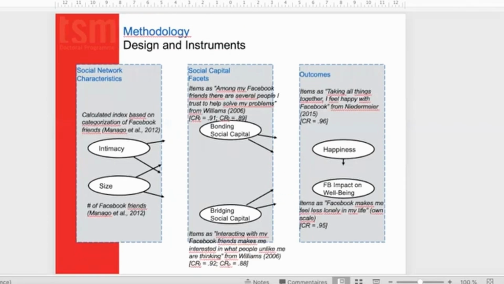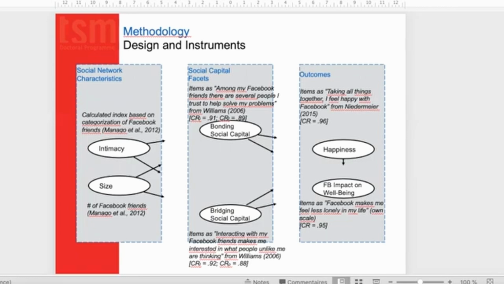To study that, we did an investigation with a representative panel, Research Now. We calculated an intimacy index based on Manago and colleagues. We asked for the number of Facebook friends in order to calculate the size of the network. And we had two scales to measure bonding and bridging capital, coming from Williams, with 4 items. For example, for bonding social capital, one item is: among my Facebook friends, there are several people I trust to help solve my problems.